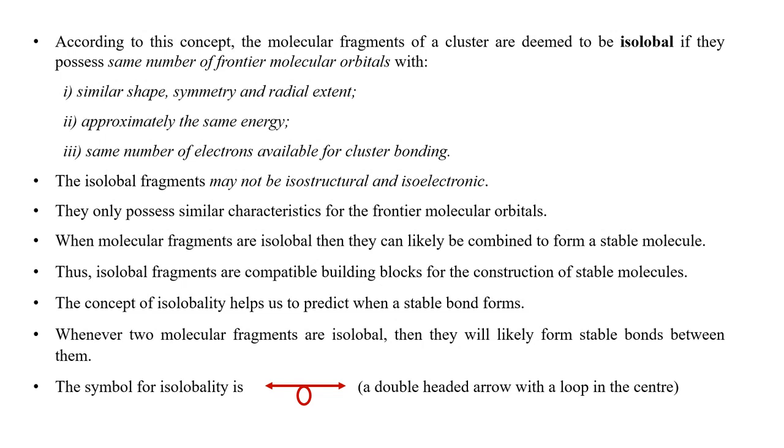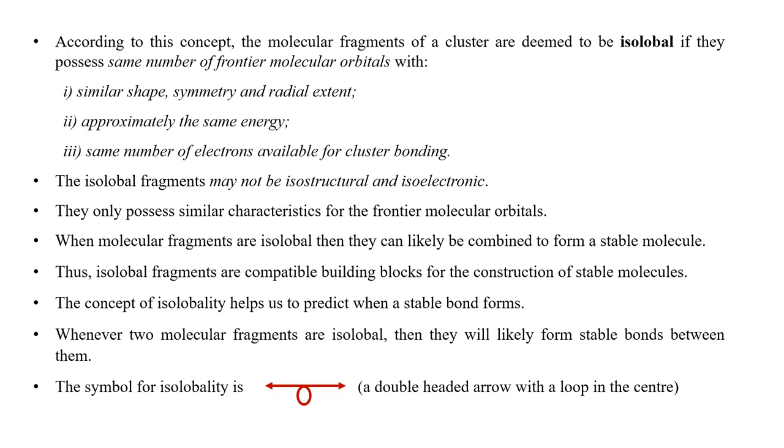So the isolobal fragments may not be isostructural and isoelectronic. They should only possess similar characteristics for the frontier molecular orbitals. The whole molecular fragment may not be similar, may not have the same structure or the same exact number of electrons. But the frontier molecular orbitals which are used for bonding with each other should have similar energy and the same number of electrons.